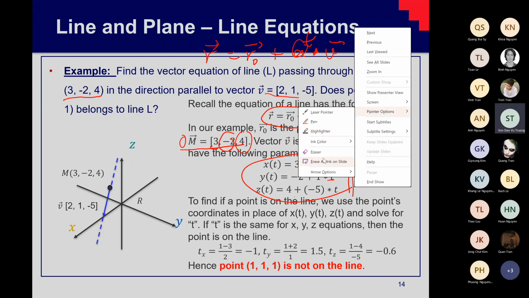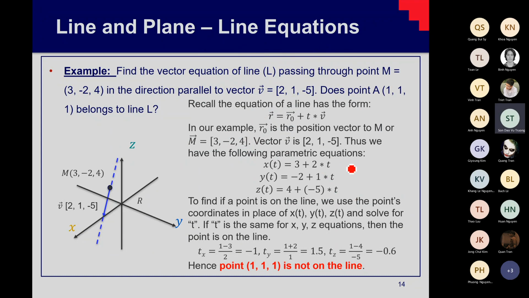For the first equation, 3 plus 2t equals 1. So this means t is minus 1. And second equation, we have t equal to 1.5, and last equation, t equal to minus 0.6. So the three t's are different from each other. Therefore, the point (1, 1, 1) is not on the line that we are mentioning here.